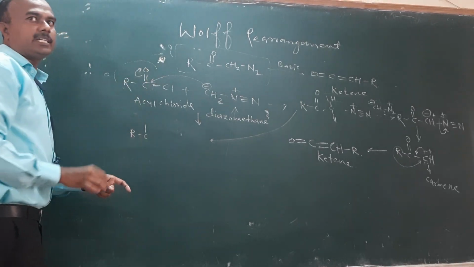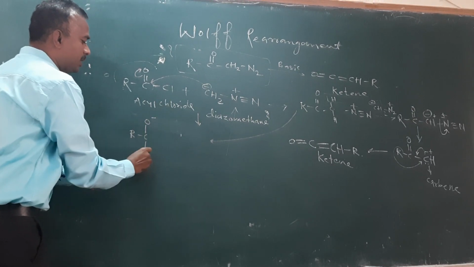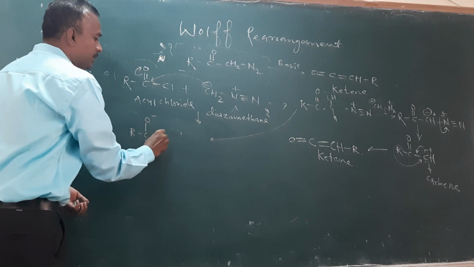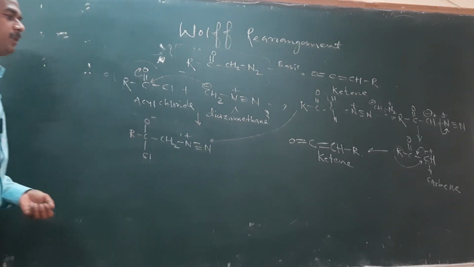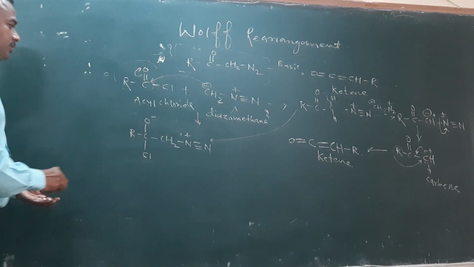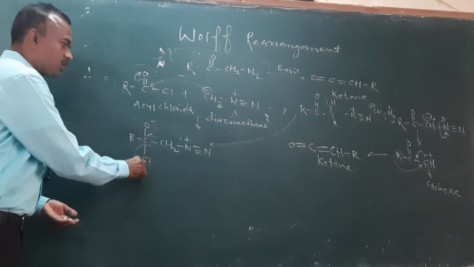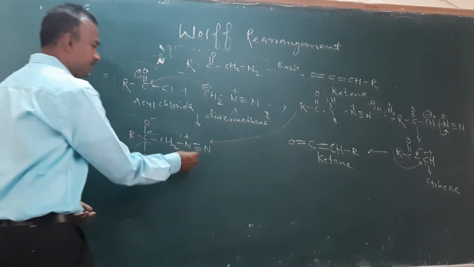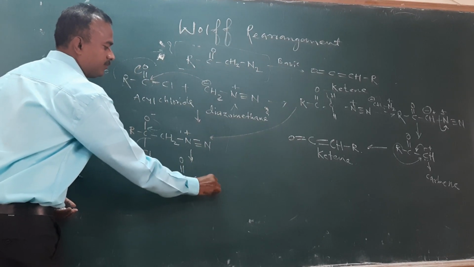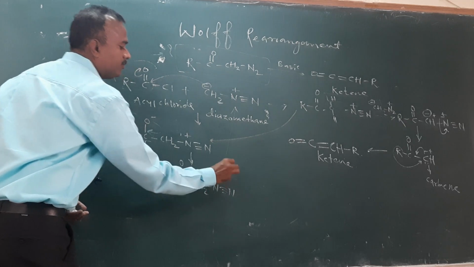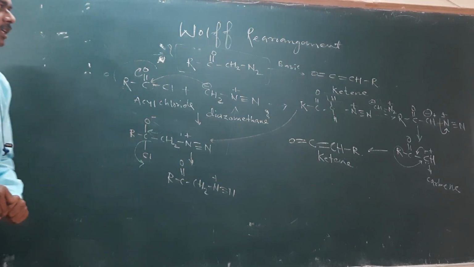So this oxygen takes its electron back, so it becomes O minus, Cl, I will write it below, and then the remaining CH2 N triple bond. Finally, removal of the chloride ion will generate the alpha diazoketone.